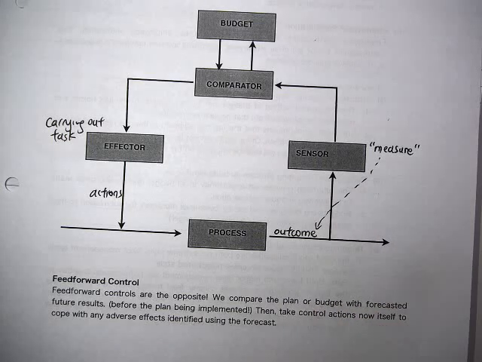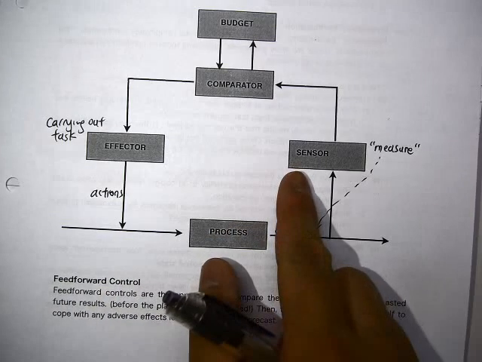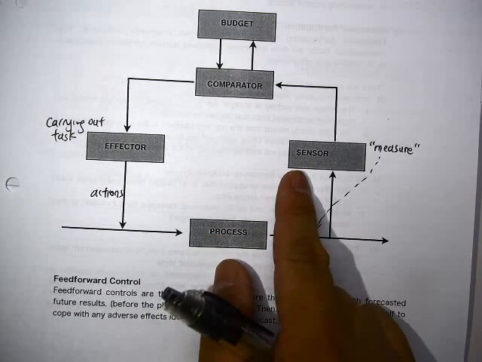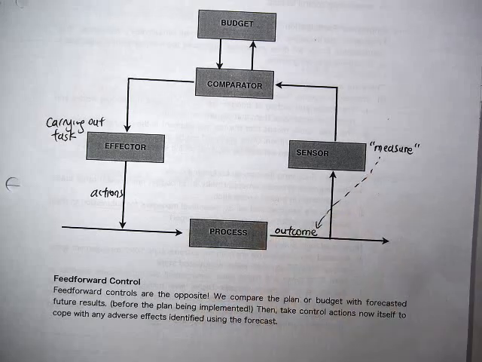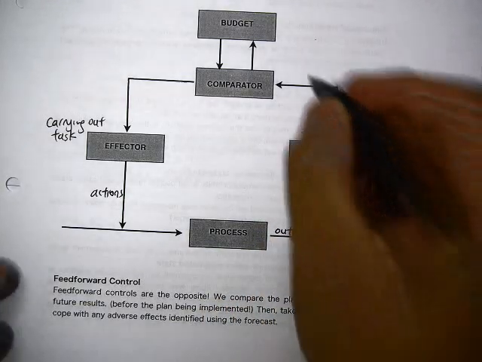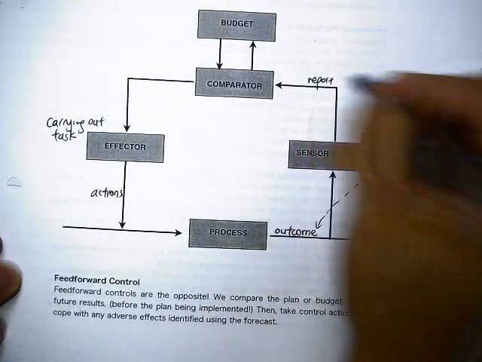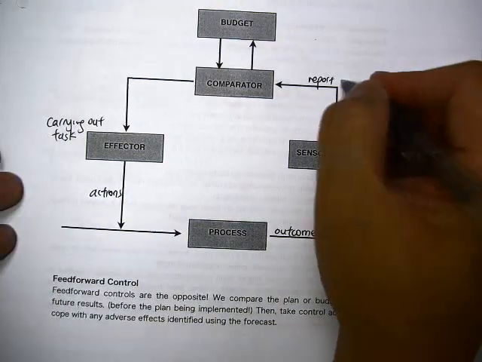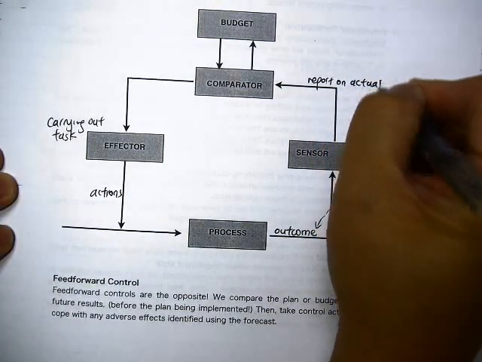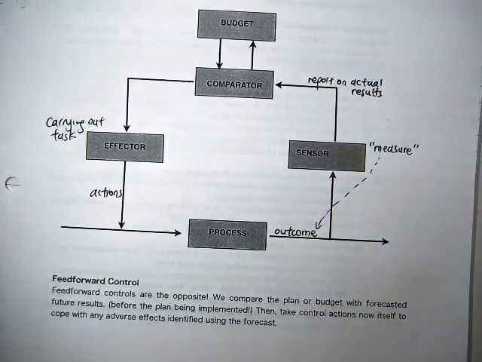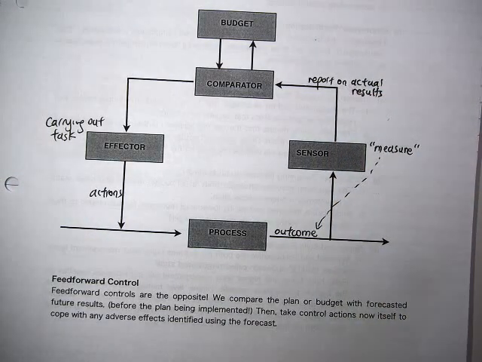But we use a more technical term: this guy or this system that will actually measure the outcome is called a sensor. You know, sensor is to detect. So you detect, that means you measure the amount. So the sensor will produce a report on the actual results.